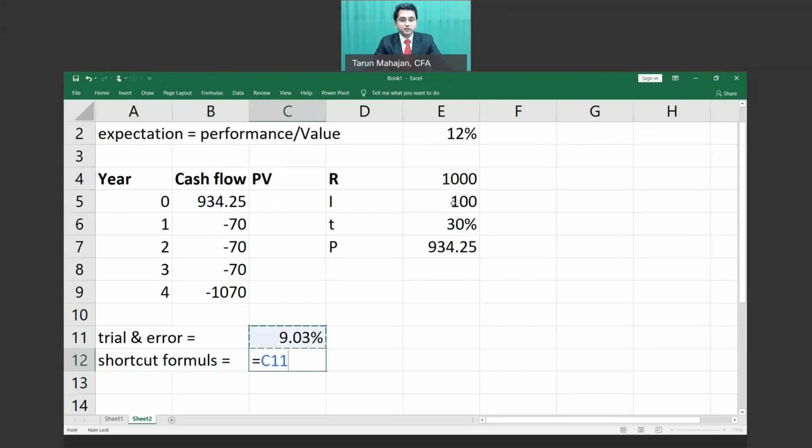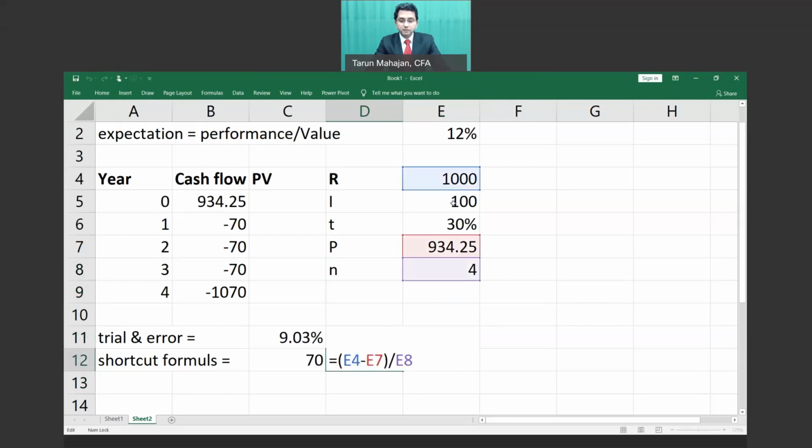It starts with interest multiplied by 1 minus tax rate, plus R minus P upon N. So R is 1000 minus P is 934, divided by number of years, which are 4.